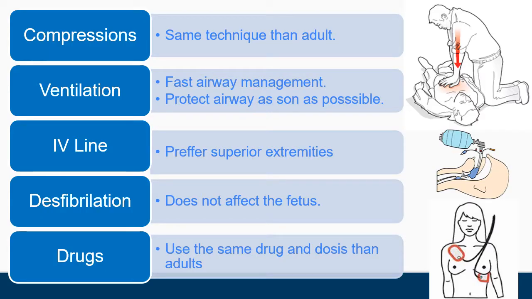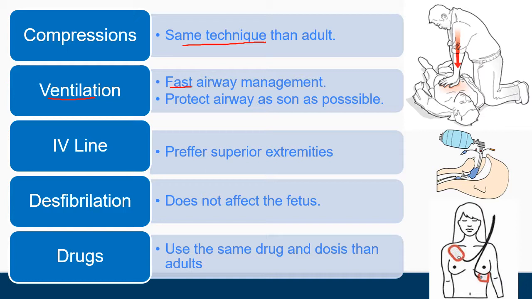Other important considerations: the compressions are the same technique as in an adult, the same technique. For the ventilations, you need fast airway management because the pressure from the abdomen is increased by the gravid uterus, which increases the risk of aspiration of all the gastric secretions.